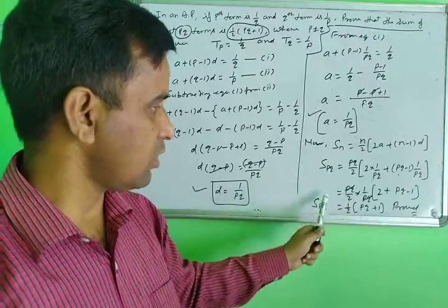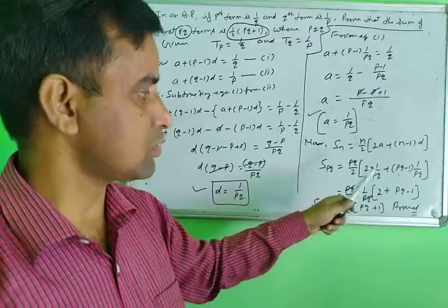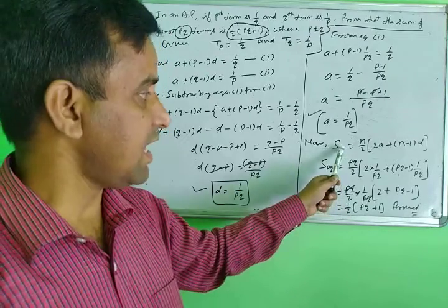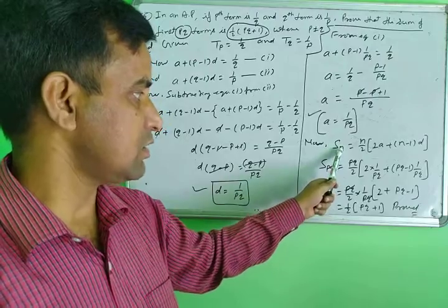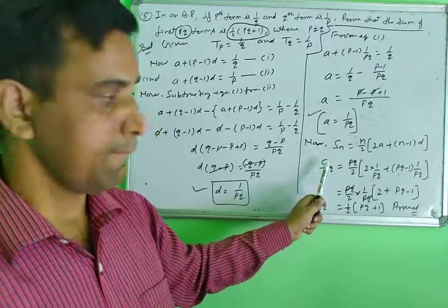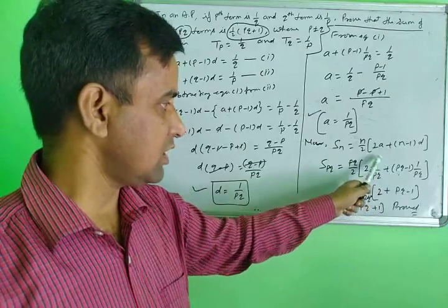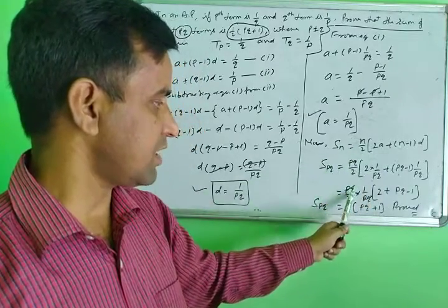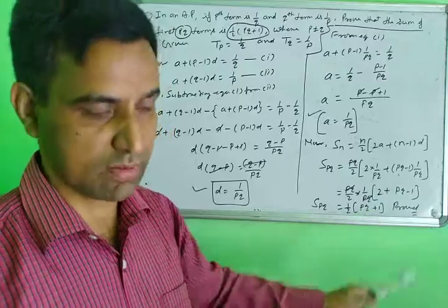So this has been proved: the sum of the pq terms is 1 by 2 (pq plus 1). This is the identity for the sum of pq terms, not n terms. In the n place you replace n by pq, then you solve this step and you get 1 by 2 (pq plus 1).